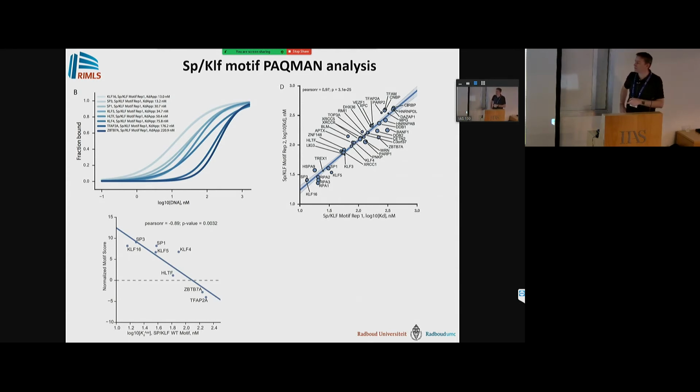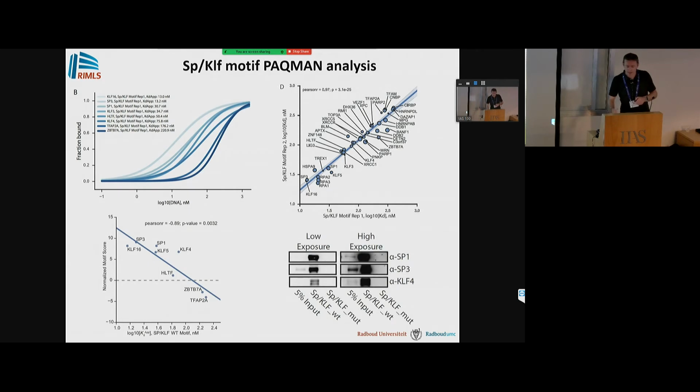Finally, concerning specificity, we have to do additional experiments, because we don't make use of a wild type and a mutant sequence in these experiments. We just probe, in this PACMAN experiment, the wild type sequence. But if we introduce a base pair mutation in the KLF motif, you can see, at least by pull-down Western, that we completely abolish the binding of these three factors that are quantified here.